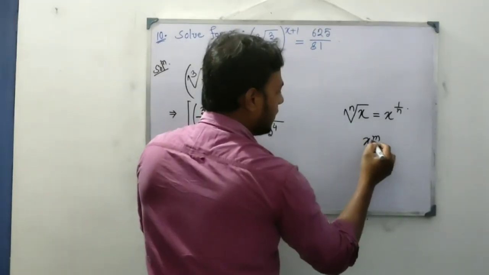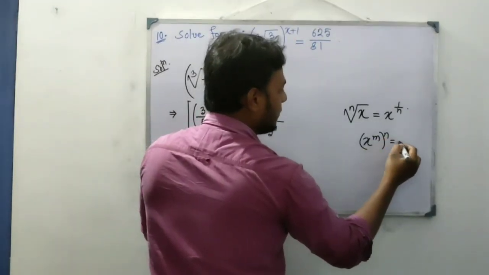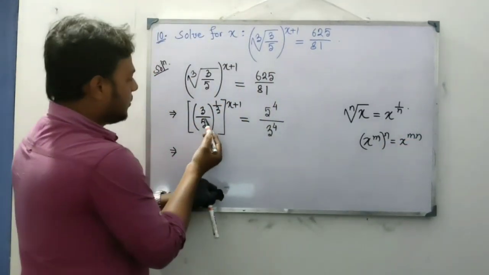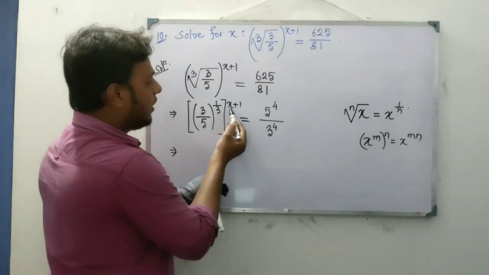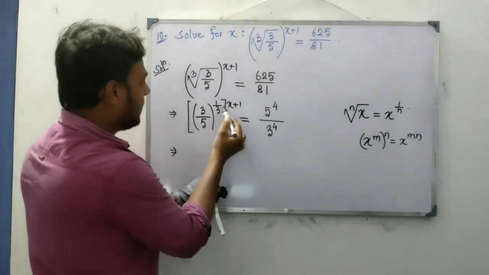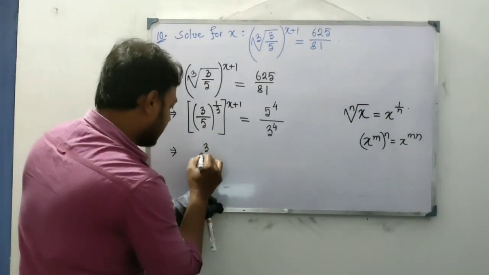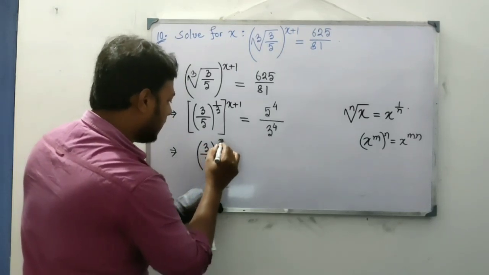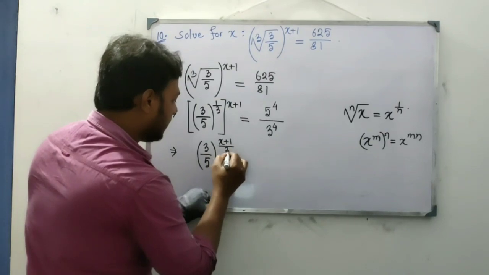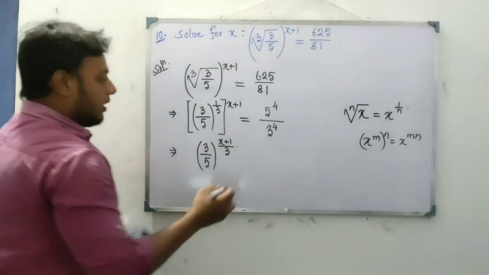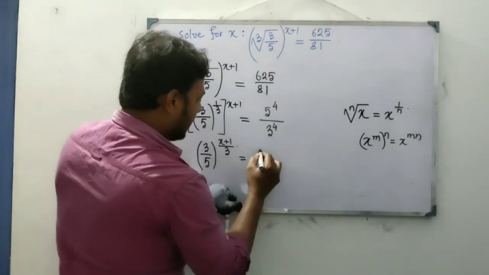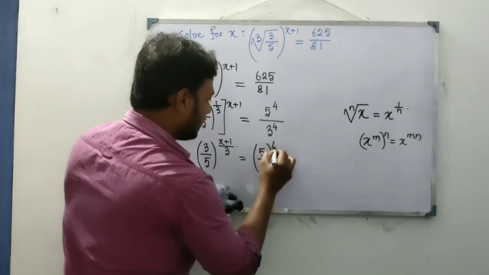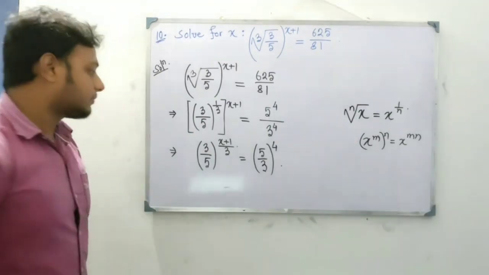There is another rule that (x to the power m) whole to the power n equals x to the power m times n. So (3/5) to the power 1/3, again whole power x+1, if you multiply these two powers, becomes (3/5) to the power (x+1)/3, equals (5/3) to the power 4.